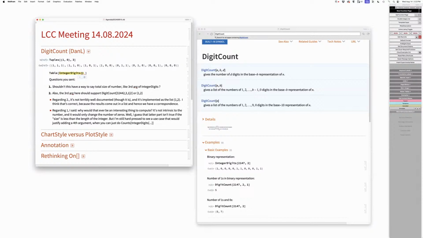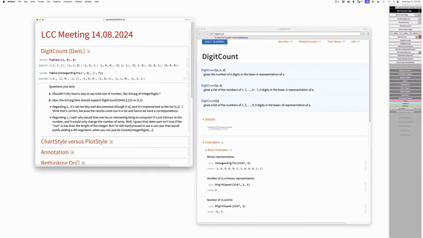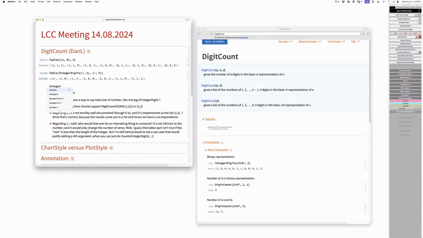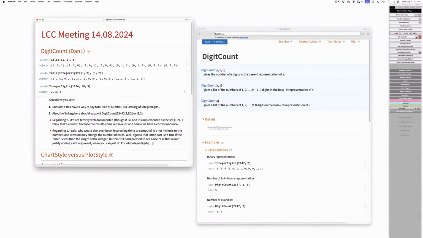See what I'm saying? Am I making sense? Sure, but if you give integer digits of 1, 2, 3, 4, comma 3, or whatever the imagined syntax for this thing would be, I guess it does exactly the right thing.